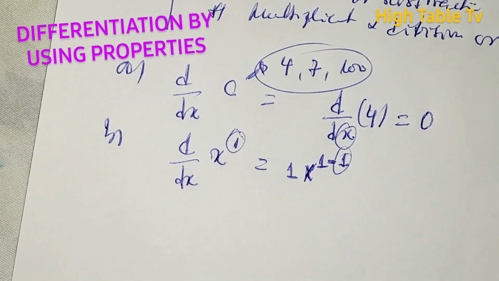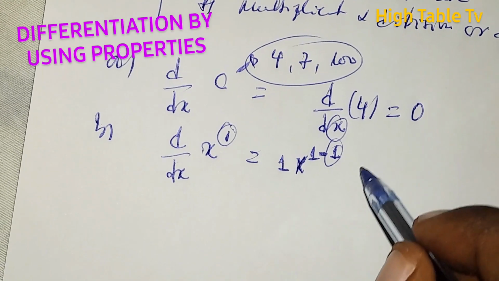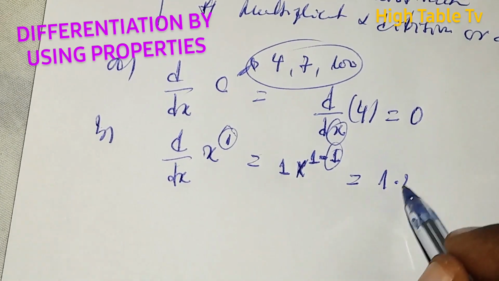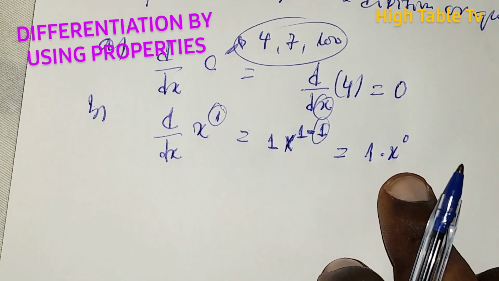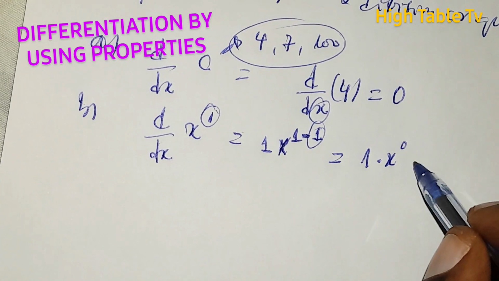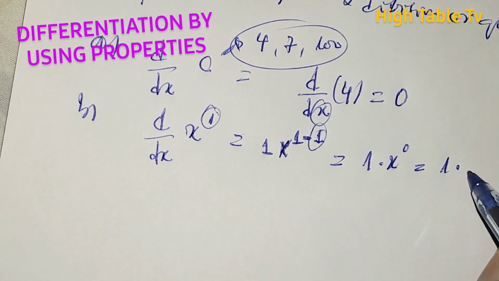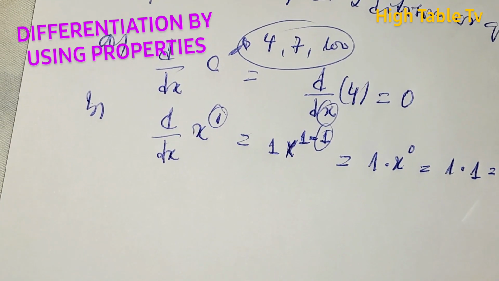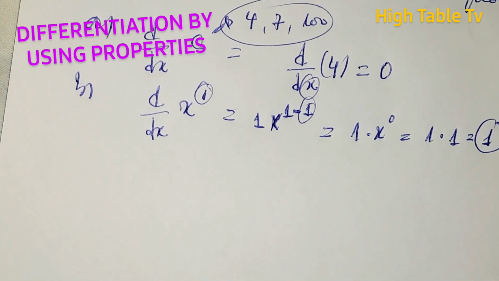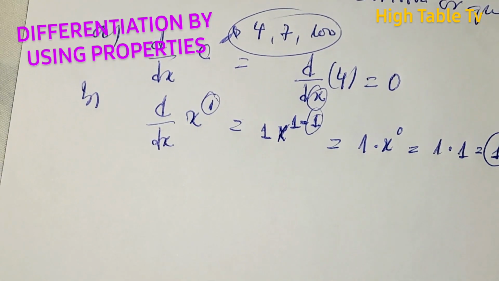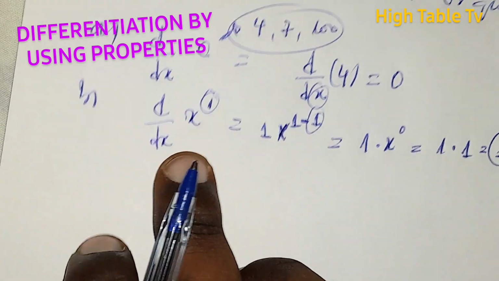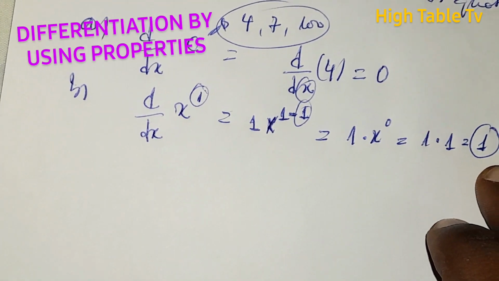This gives 1 times x power 0, and you know this x power 0 is equal to 1. So we have 1 times 1, and the answer is equal to 1. It means that if we take the derivative of x, the answer will be equal to 1.